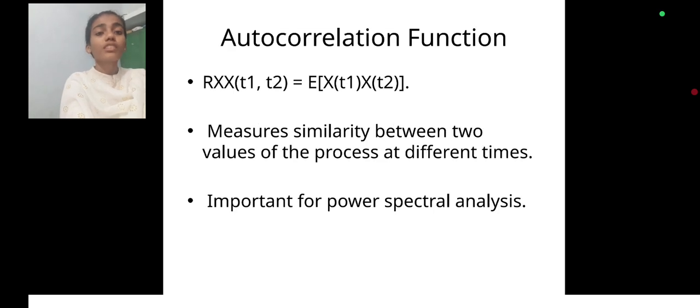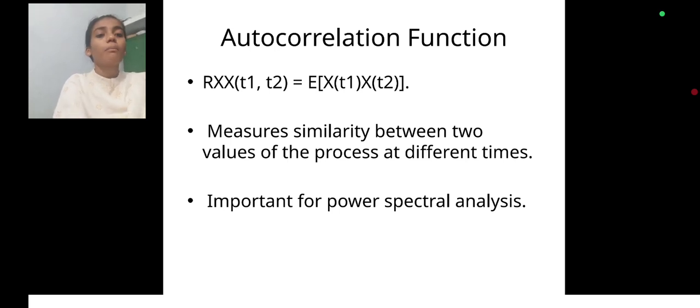And autocorrelation function R_XX of t1 comma t2 equals the expectation of X of t1 times X of t2. It measures similarity between two values of a random process at different times.